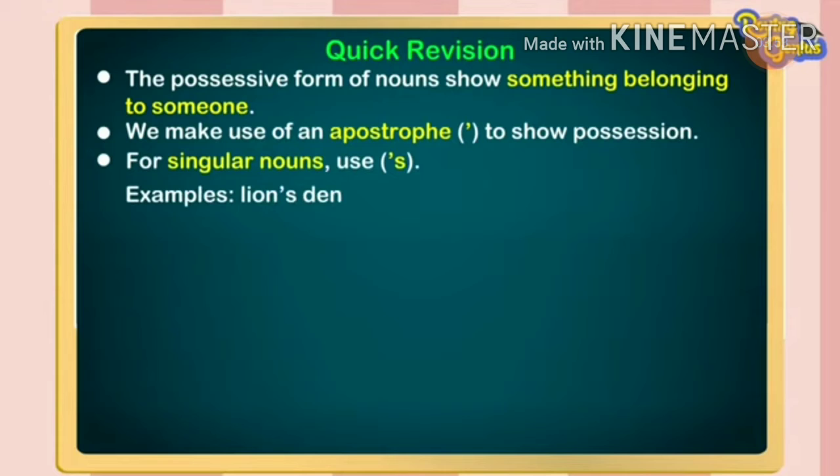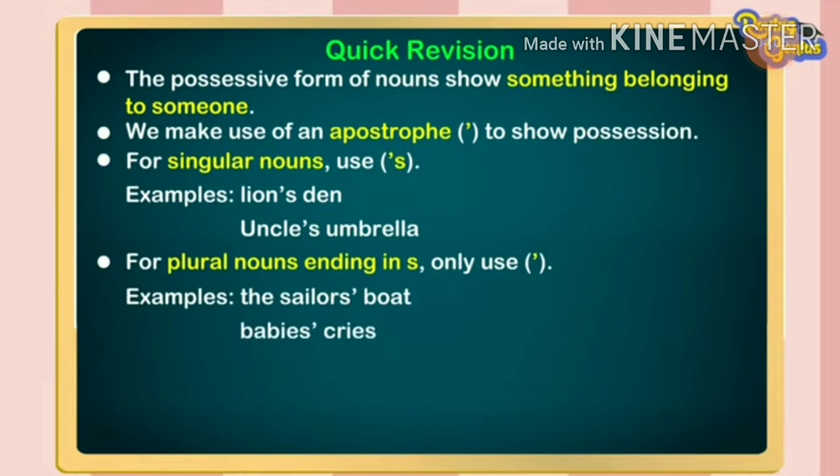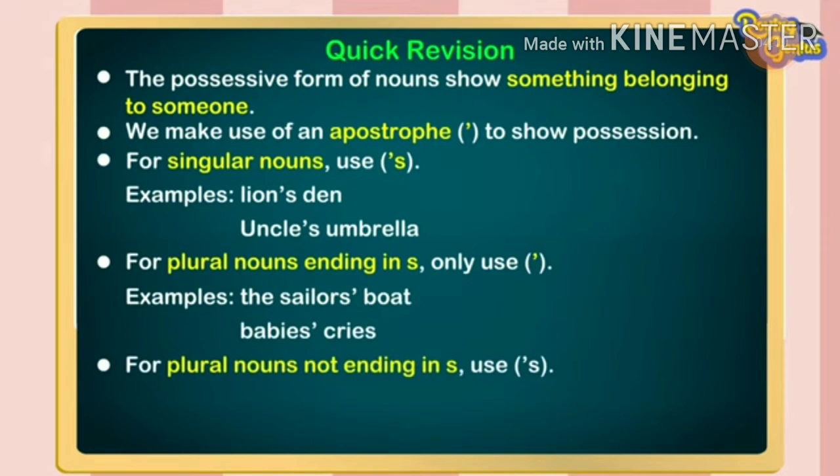For example, lion's den, uncle's umbrella. For plural nouns ending in s, only use an apostrophe. For example, the sailors' boat, babies' cries. For plural nouns not ending in s, use apostrophe s. For example, woman's song, man's dance.